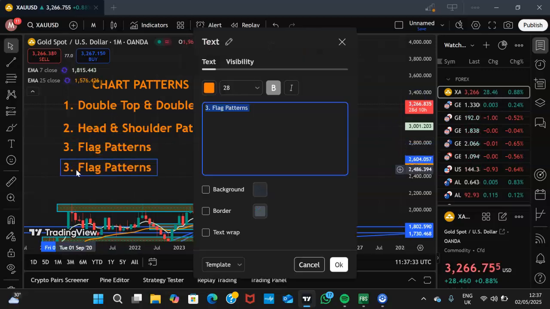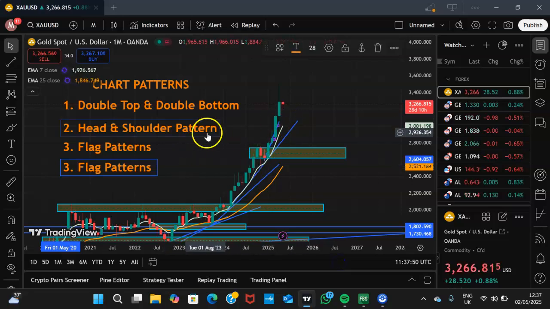So yeah, we have the cup and handle. Okay, I have barely 50 seconds, so I'm just gonna do it quick. Okay, yeah, the cup and handle.